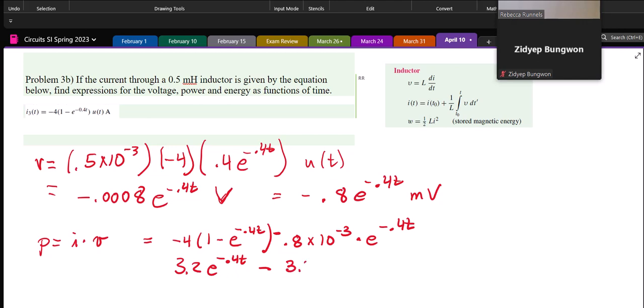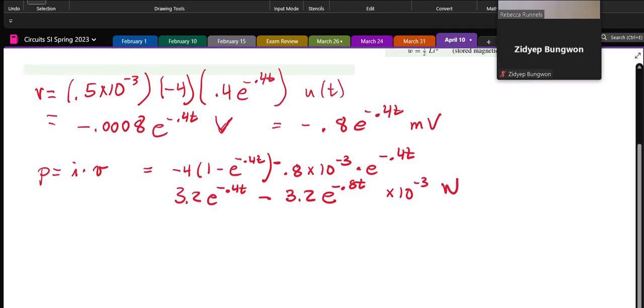And then 3.2, and when you multiply, you add exponents, so e to the minus 0.8t. And I've got the 10 to the negative third still in there, so watts.